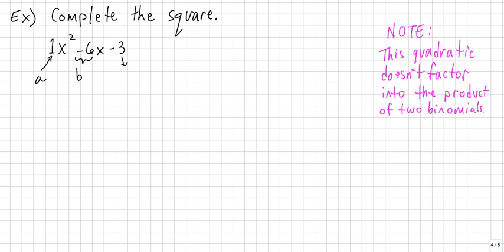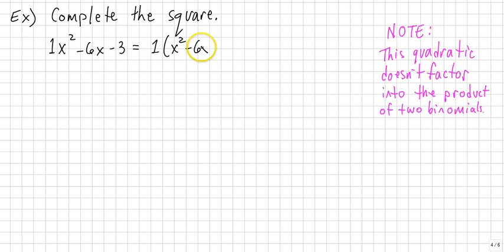All right, so we're just going to follow our steps. The first thing we want to do is factor a out from the first two terms. So this will equal, if we factor 1 out of the first two terms, 1 times what is x squared? Well, 1 times x squared is x squared. And 1 times what is negative 6x?